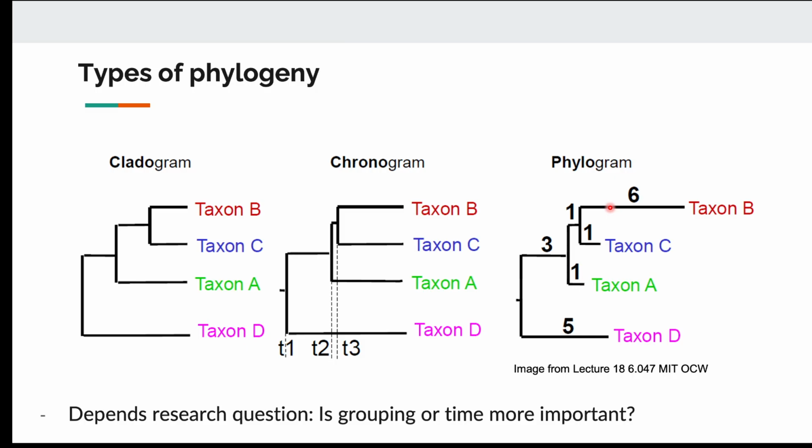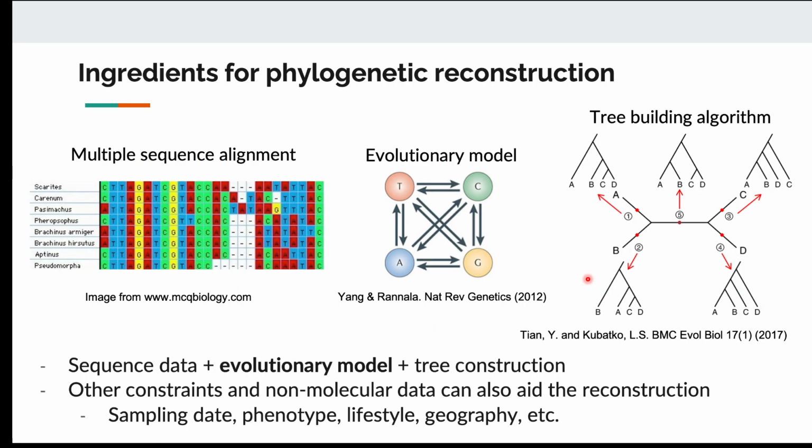So it's two slightly different things. But for now, we are not going to worry too much about these technical details. We want to focus on: if we have DNA sequence data, genomics data, how can we reconstruct these trees? How can we even get to these phylogenetic trees?